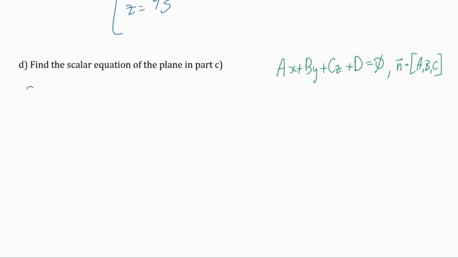So start by finding the normal vector. Okay? And I can say some constant times the normal vector is going to be the cross product of the 2 direction vectors that I have.